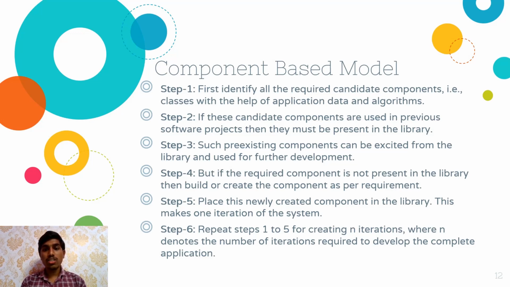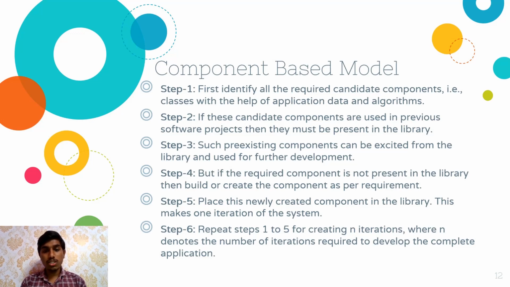If these candidate components are used in previous software projects, then they must be present in the library. Step 3. Such pre-existing components can be extracted from the library and used for further development. Step 4. But if required component is not present in the library, then build or create the component as per requirement. Step 5. Place this newly created component in the library.